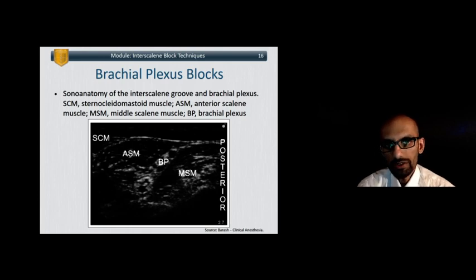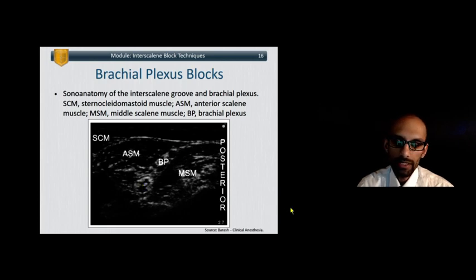Now, most of us are used to using ultrasound to perform these blocks, and what you see here is the sternocleidomastoid medially, and this is the posterior aspect of the patient. This is the anterior scalene muscle and the middle scalene muscle, and you have the cervical nerve roots coming through, sandwiched in between these two scalene muscles, and that's your brachial plexus.